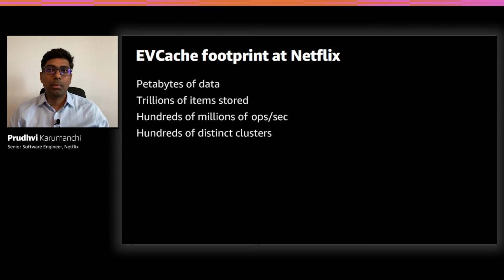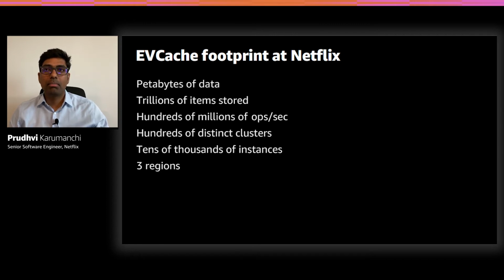All of this is distributed on hundreds of distinct clusters, and each cluster has a different access pattern. And all of these are again distributed on tens of thousands of EC2 instances. And this is all spread across multiple regions. And we replicate most of our caching data across the regions just to protect us against any region failovers.